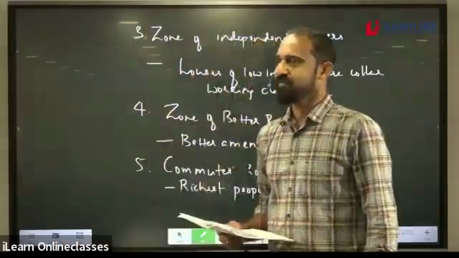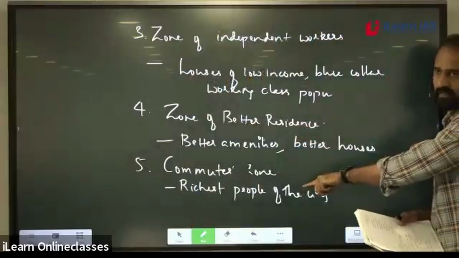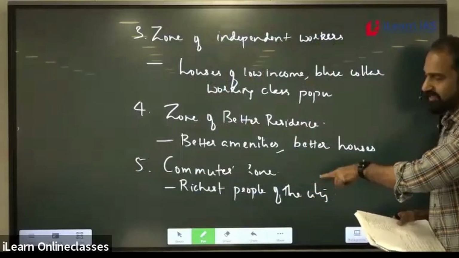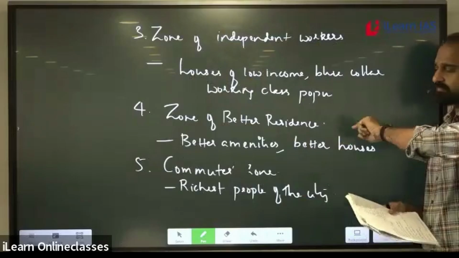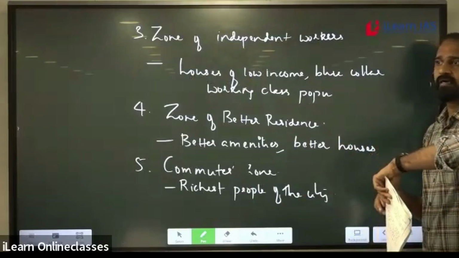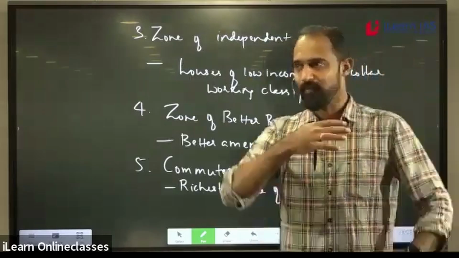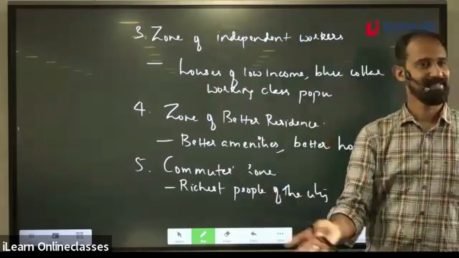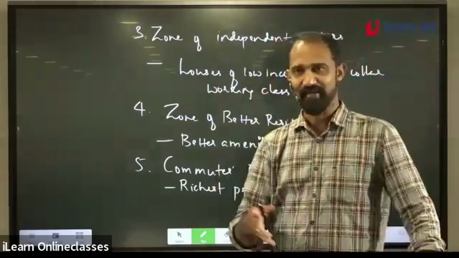Why do they opt for the outskirts? Because they can spend money on commutation. Second, they want better facilities and larger spaces. They want bungalows, open yards, backyard, front yard, maybe playgrounds, common playgrounds and everything.